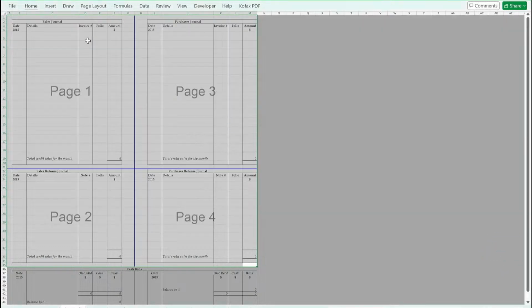Let me share up the accounts. Should be, I think, maybe 6 pages each.